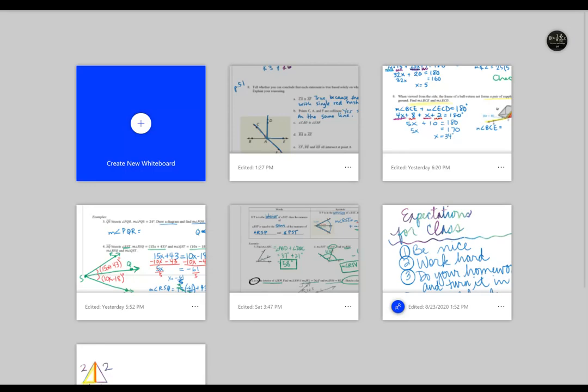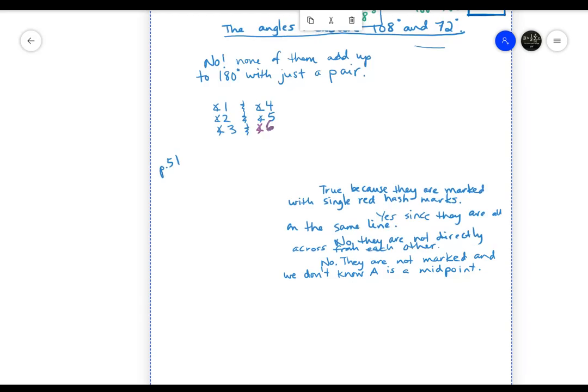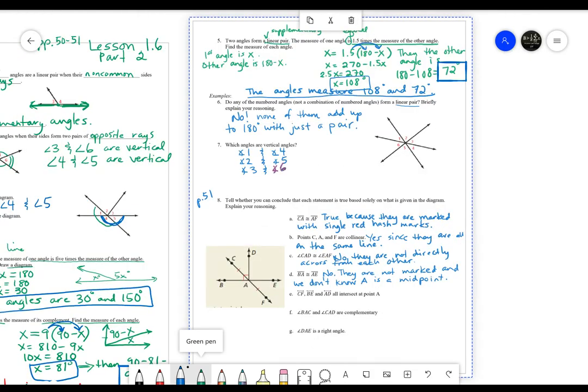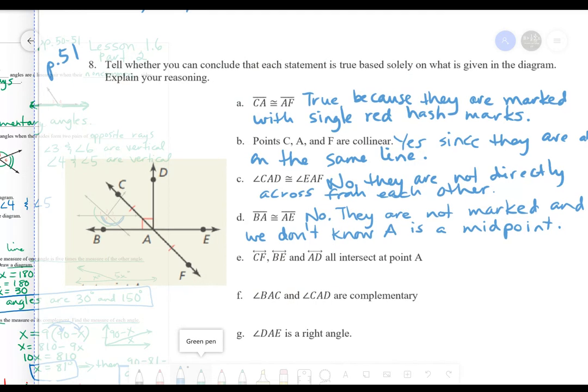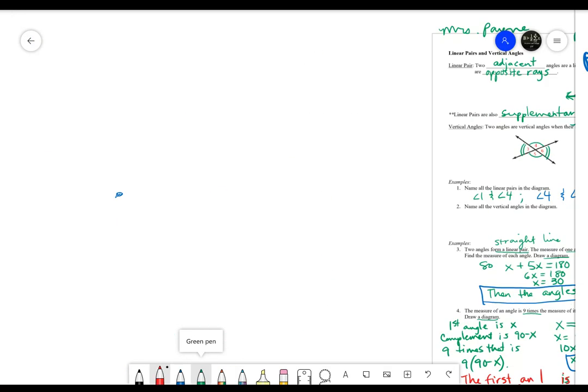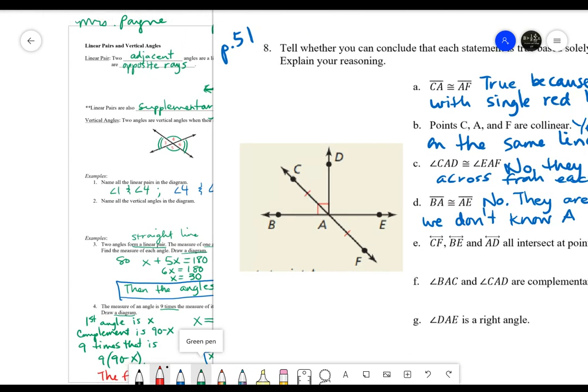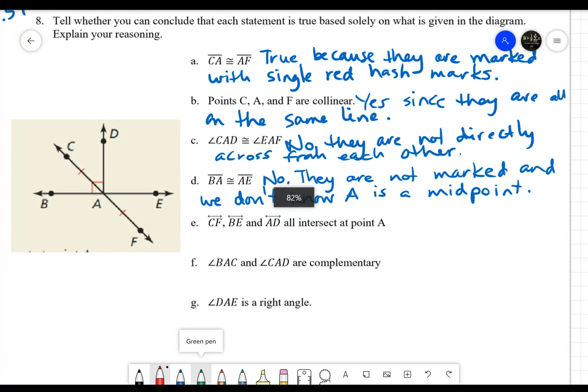Okay, sorry, I just moved something. All right. CF, BE, and AD. I think I need to move my screen a little. Just going to move it over here so I can see it better.